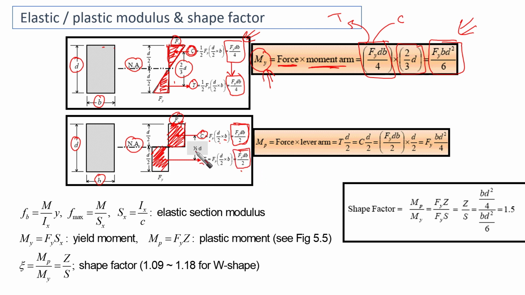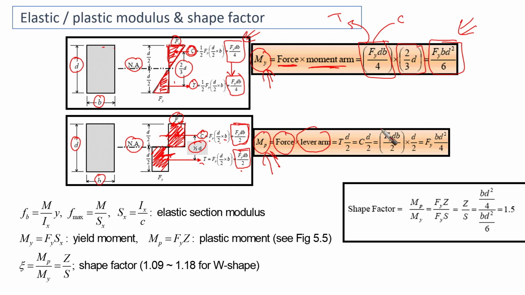And the distance between the two is the distance between the centroids. Take care, it is going to be half D, half of the distance, because it is the center between the centroids of the rectangles. This means that our M plastic is going to be the force times the lever arm. And here it is going to be T times D over 2, or C times D over 2.